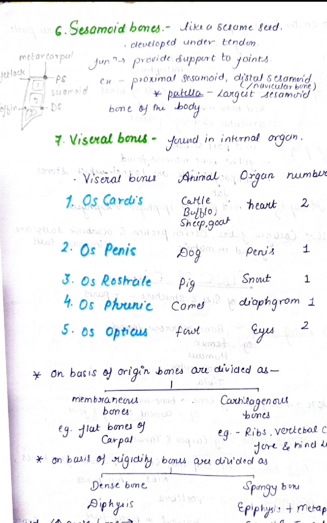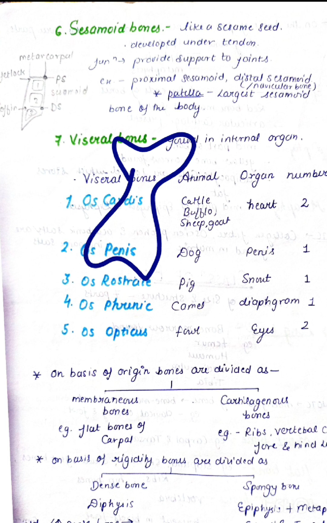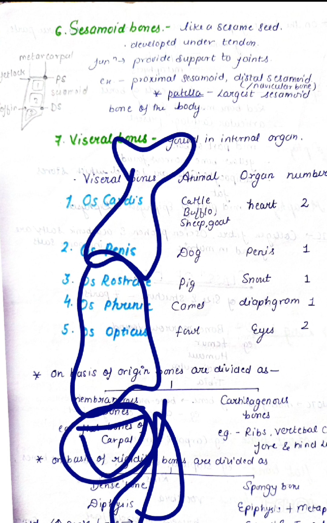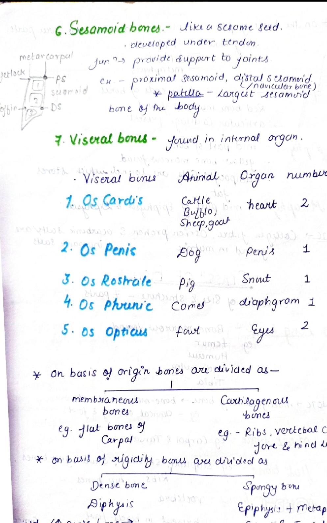For example, in the hind limb, this is the femur, and the patella bone provides support to the joint. Examples are proximal sesamoid bones and distal sesamoid bones, and the patella is the largest sesamoid bone in the body.